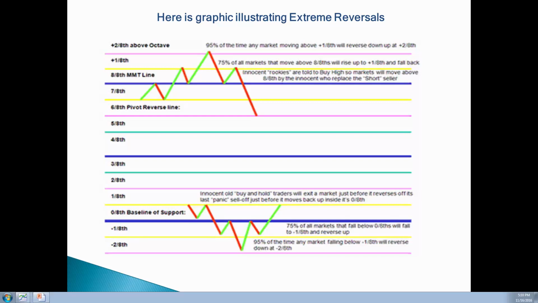That's where all the big boys do their business. So a lot of times when it's outside of that area, it needs to come back and test near the 5/8 or 3/8 to see if it's okay to stay outside that zone, or if it needs to go back into that zone.